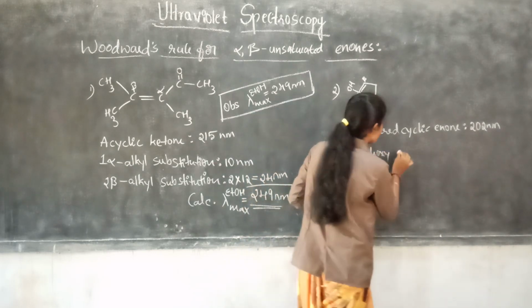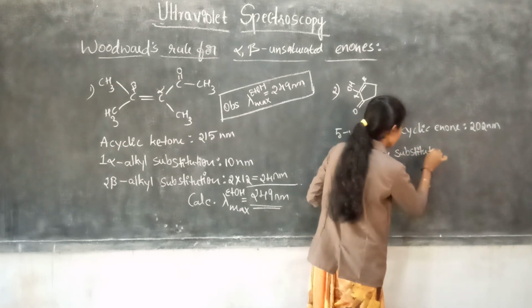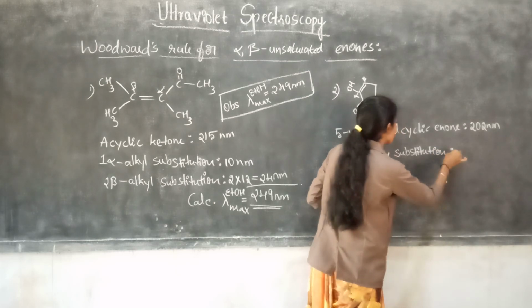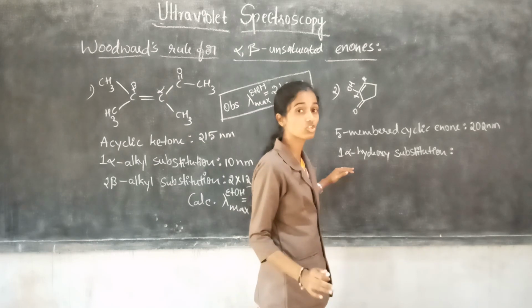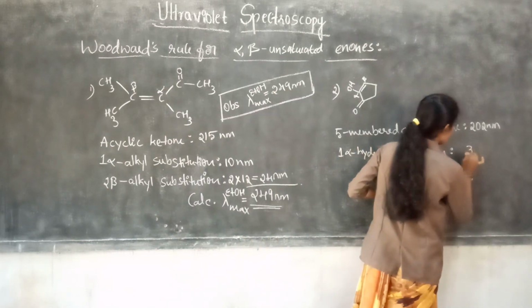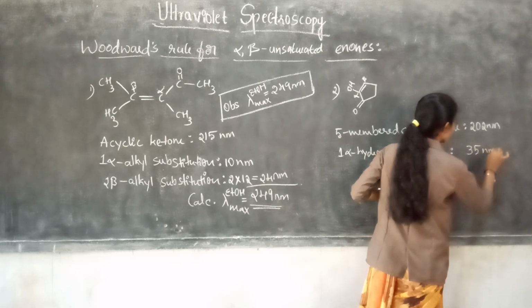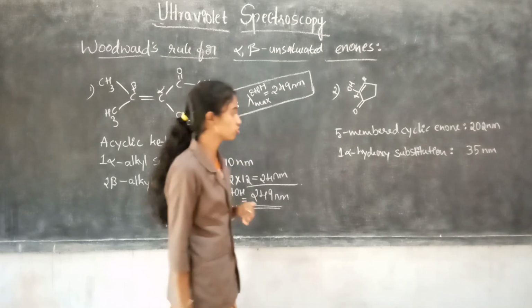For each alpha hydroxy substitution there will be an addition of 35 nanometer.